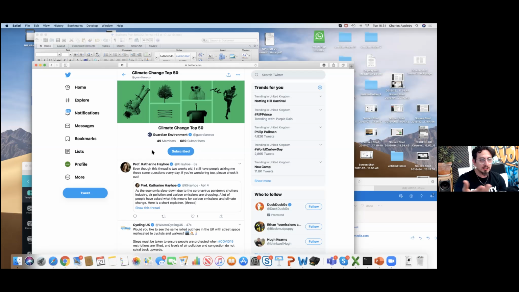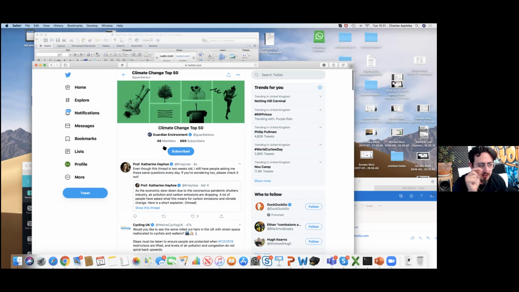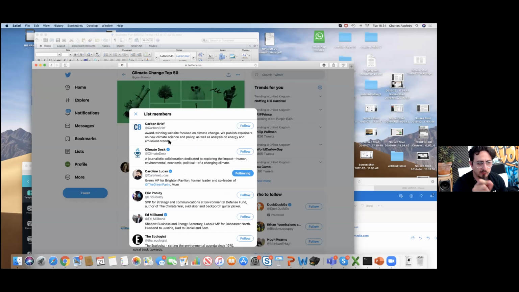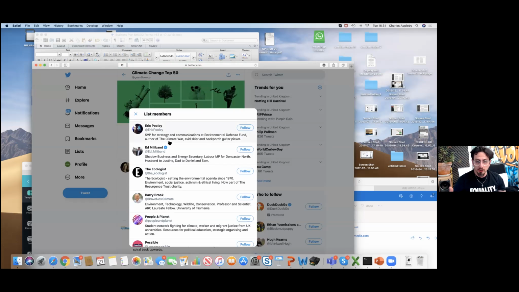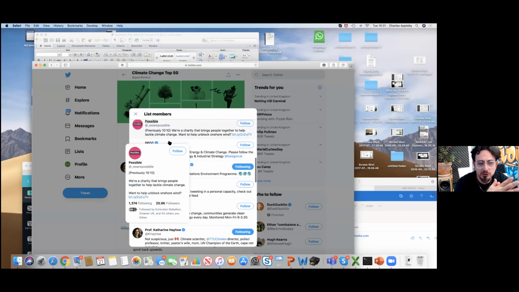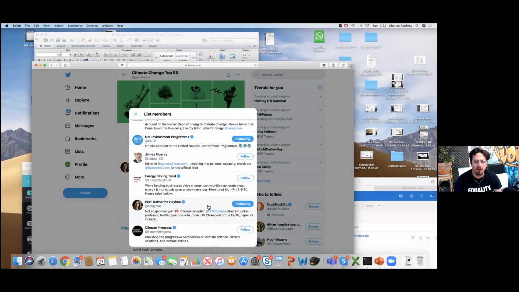That's amazing. So you can actually see there's only 49 members that the Guardian have felt that are powerful enough to be part of this group, but there's literally 500, 600 people that have subscribed to it. So every time No CO2 does a tweet, that's them being picked up by these world leaders. So well done, Charles. That's a secret part of Twitter that people don't know exists, and it's very, very powerful.